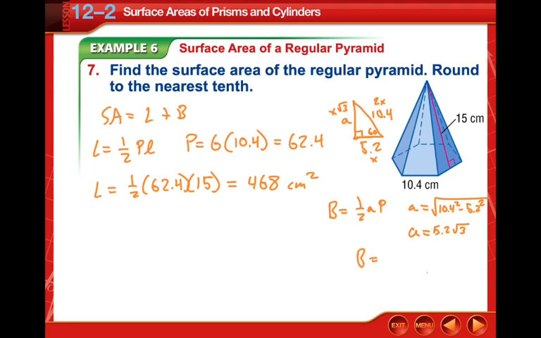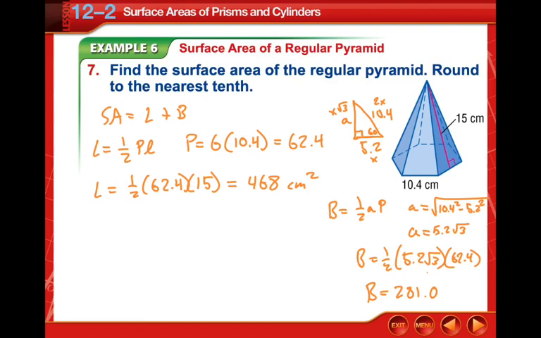So the area of our base is 1/2 of 5.2 times the square root of 3 times our perimeter, which we got was 62.4. So our area of our base comes out to be about 281.00, so we'll just leave it as 281.